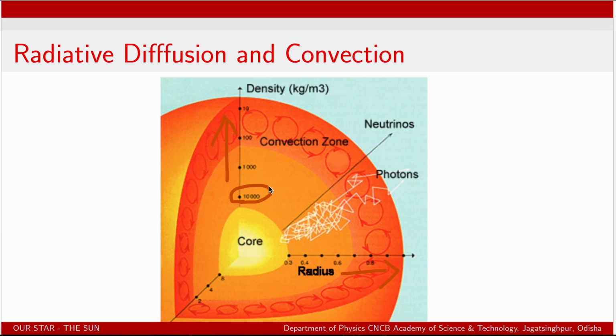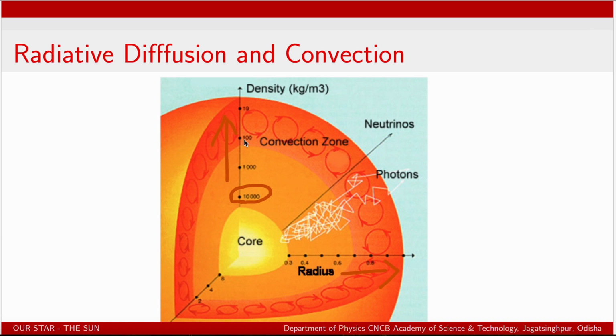This is like the density of lead. So matter is so dense. If in that dense matter you have diffusion, you can understand how low the diffusive constant will be. And as you cross the radiative zone, the density decreases. When you are close to the outer edge of the radiative zone, the density is around 100 kg per meter cubed.